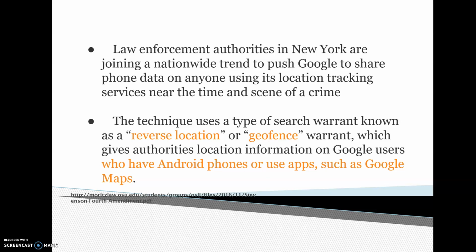This technique uses a type of search warrant known as the reverse location or geofence warrant, which gives authorities location information on Google users who have Android phones or use apps such as Google Maps. So when I use Google Maps, it says, can I allow? And if I click allow, guess what? That's a third party, and I've given up my rights. You need to know that, right? But remember, here's the other issue.